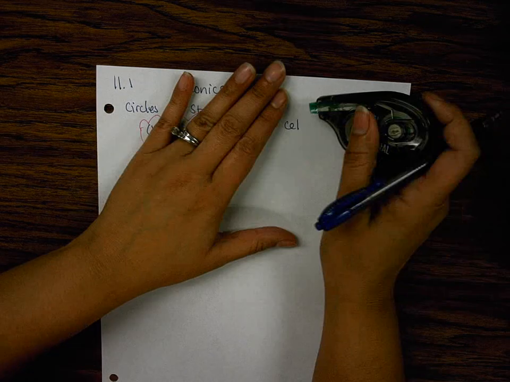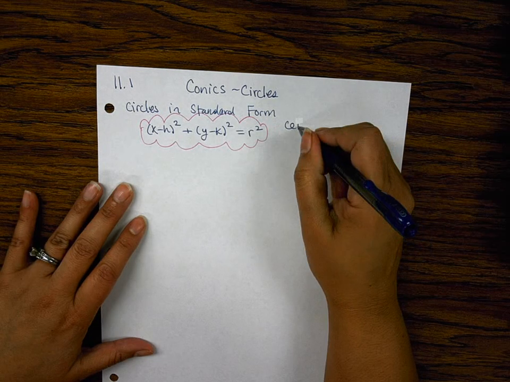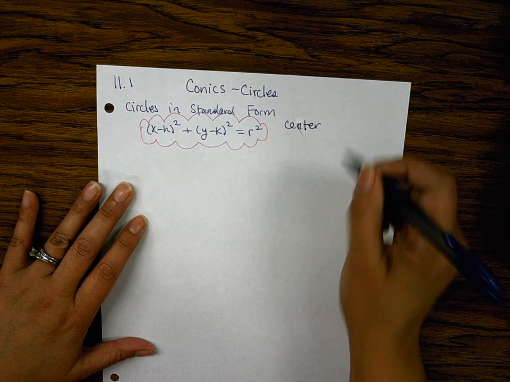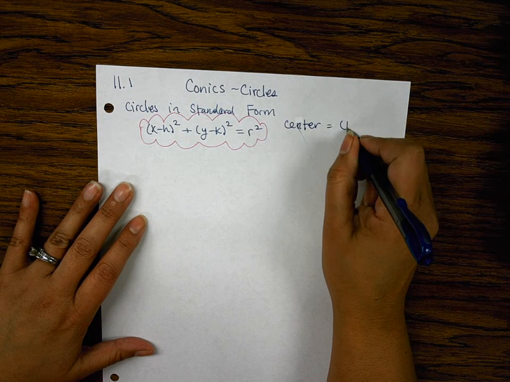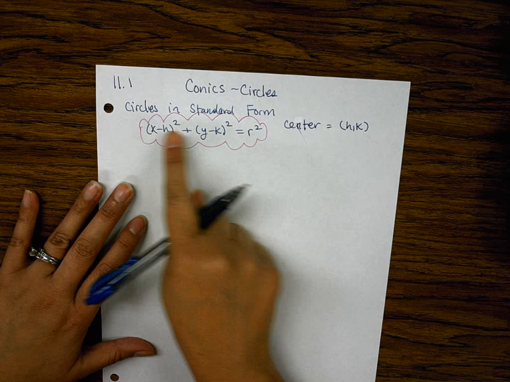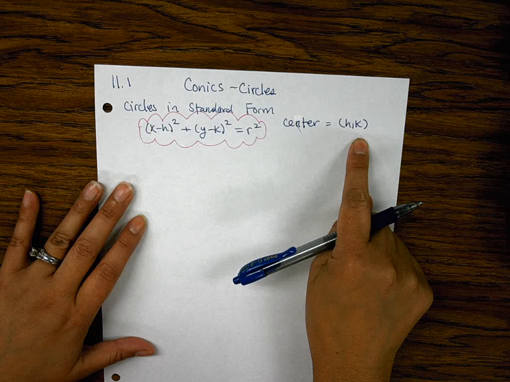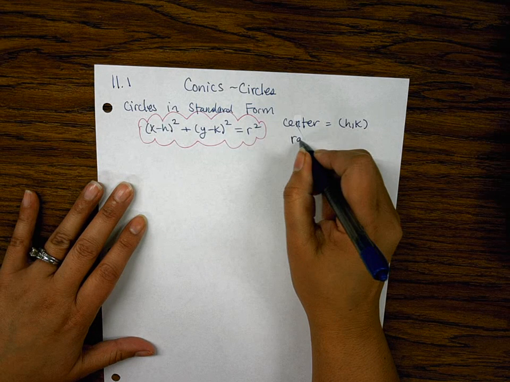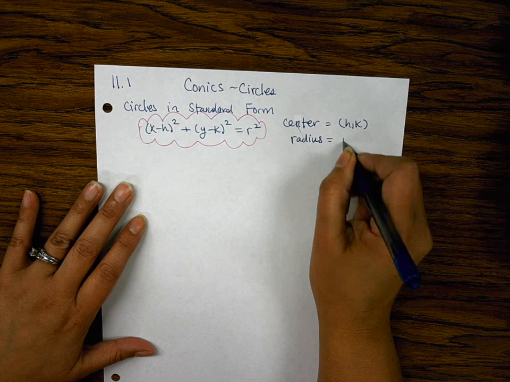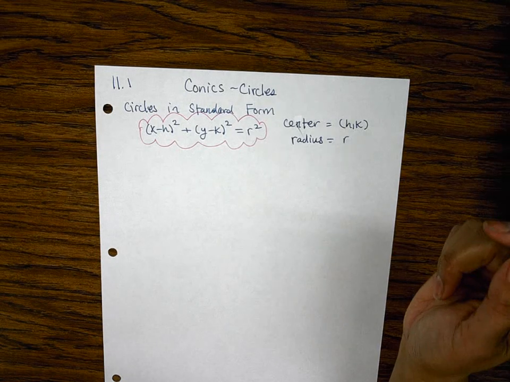Such that the center is (h, k), opposite of both insides, opposite of that inside, opposite of that inside. The center is (h, k), and the radius is r.